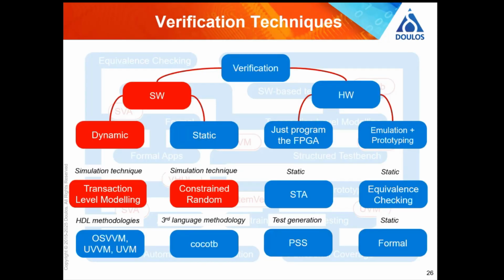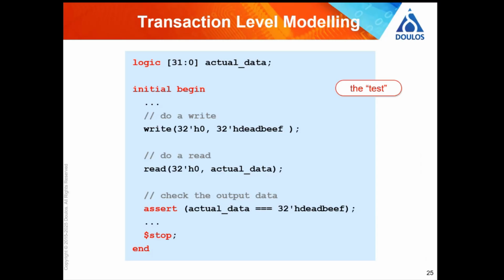So, okay, that was what was called a directed test, as I mentioned 20 minutes ago: we decided what we want to test. And just to go back a slide, the specification perhaps said, if you write something to an address, you need to be able to read it back. There's the test that tests that requirement.